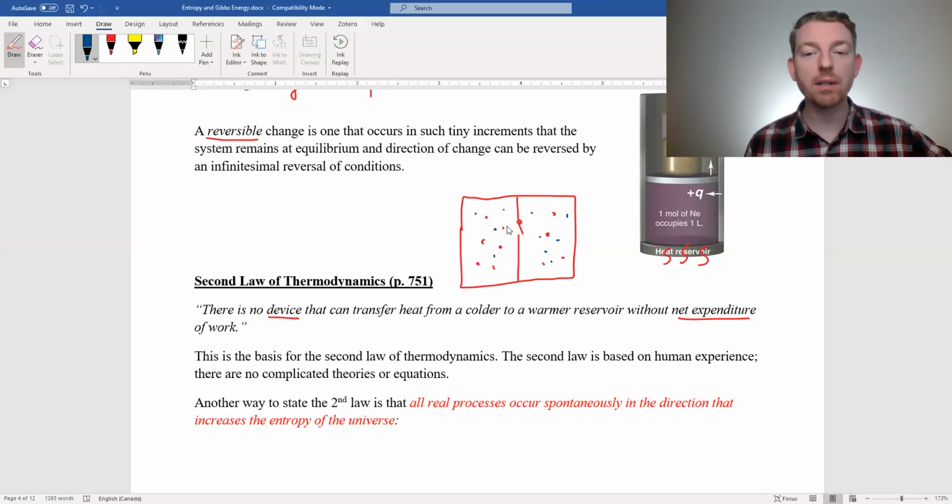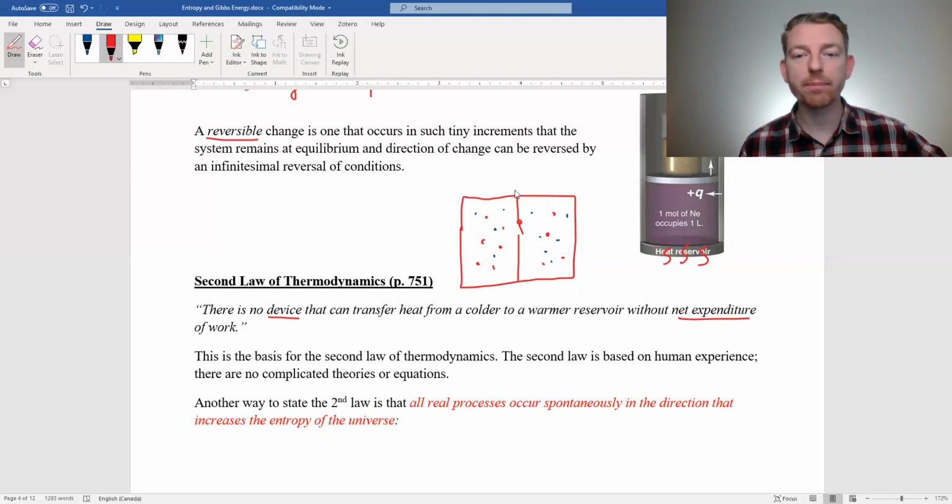So that would be spontaneously making, say, this side, if we want to push all the cold ones over here, cooler. We couldn't do that without some little fella sitting up there working the switch. And this is Maxwell's demon.